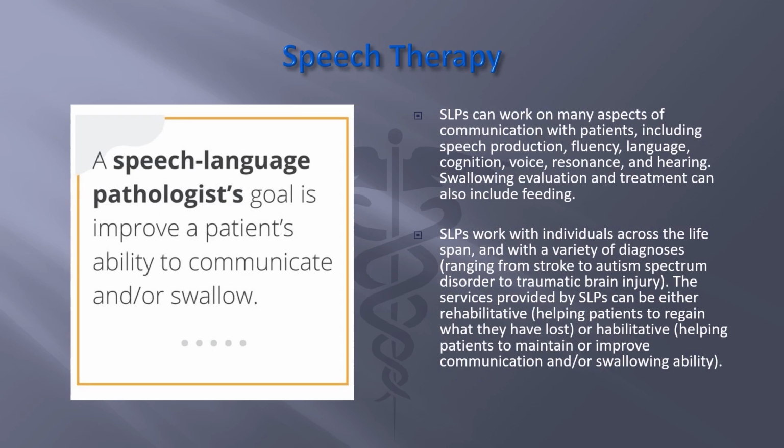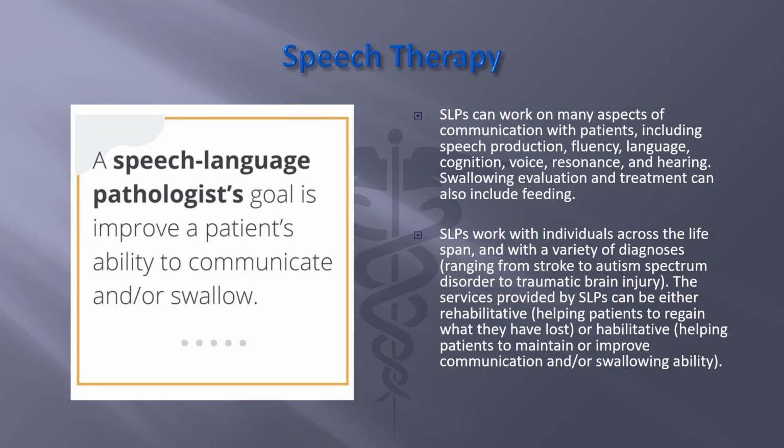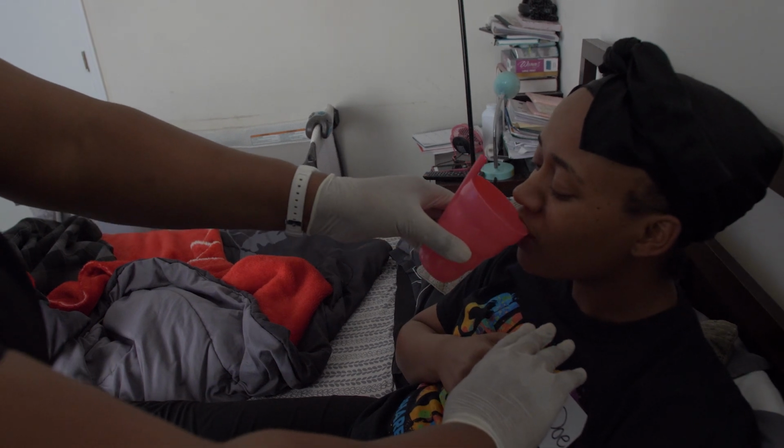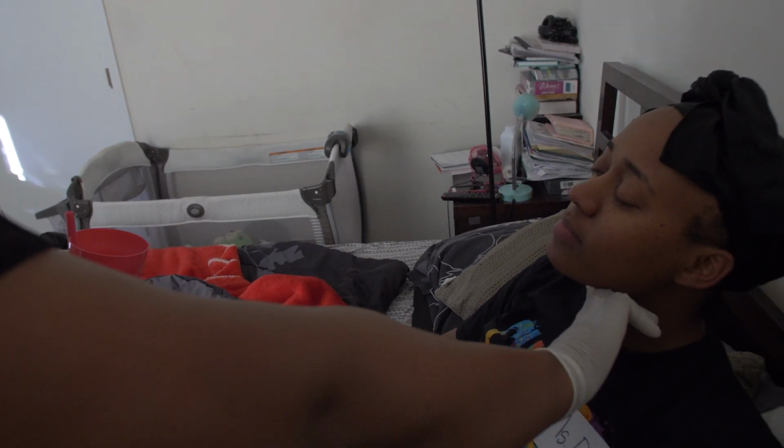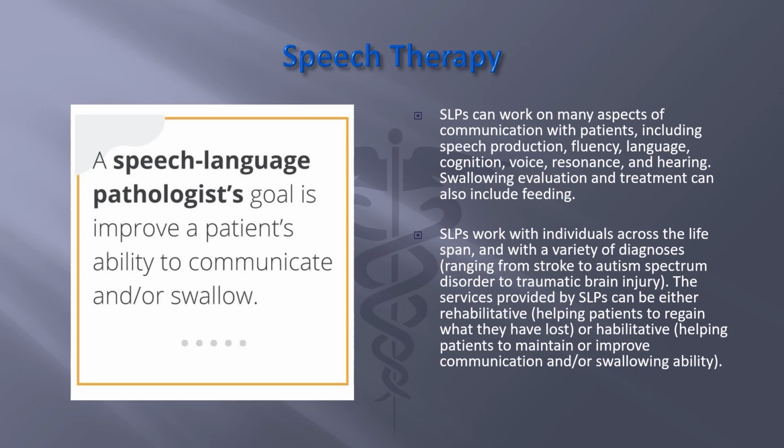Speech therapy. A speech-language pathologist's goal is to improve a patient's ability to communicate and/or swallow. Speech-language pathologists can work on many aspects of communication with patients, including speech production, fluency, language, cognition, voice, resonance, and hearing. Swallowing evaluation and treatment can also include feeding.